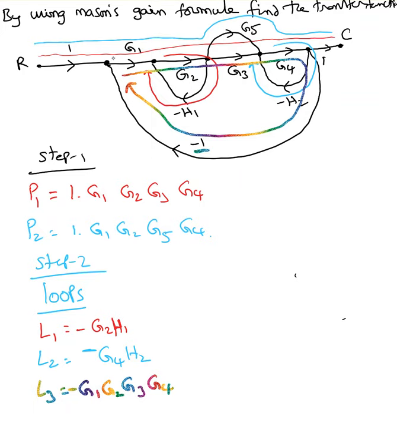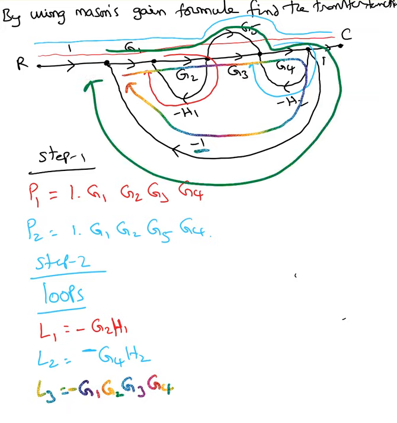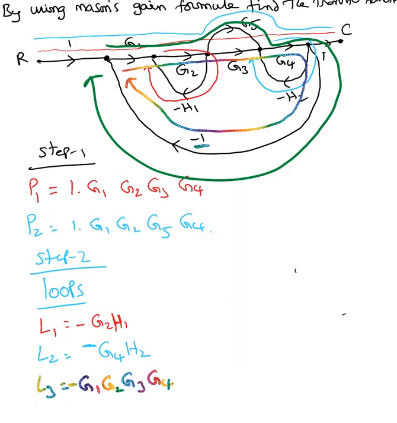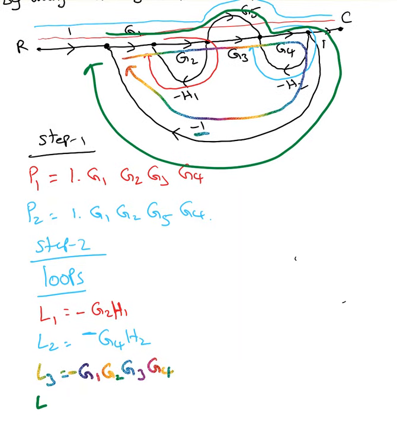I can go over this and that. That's the 4th loop. So L4 equals Z1, Z2, so instead of Z3, it's Z5 and Z4, negative. So -1. So that's loop 4. We have 4 loops in this system.